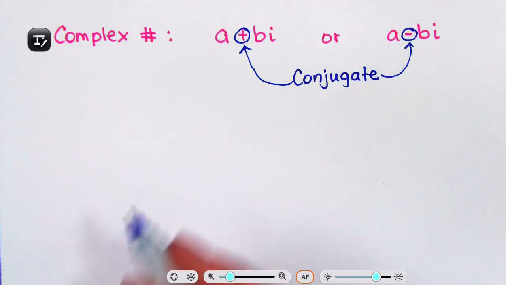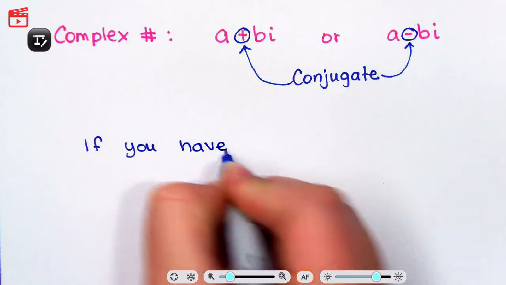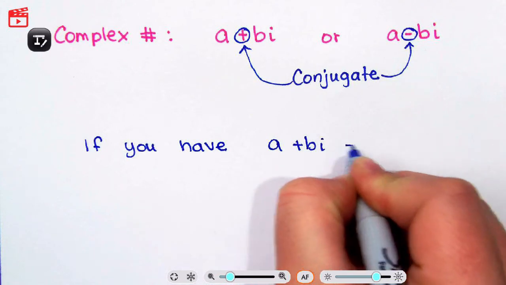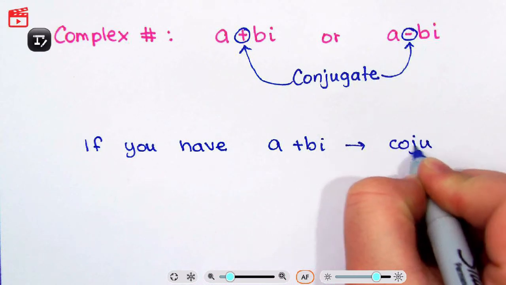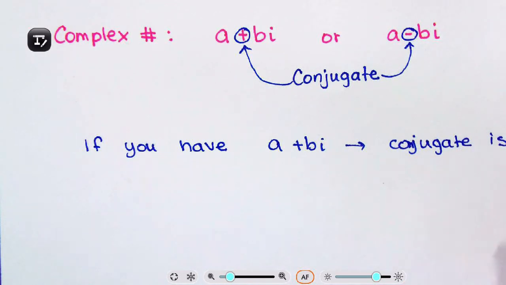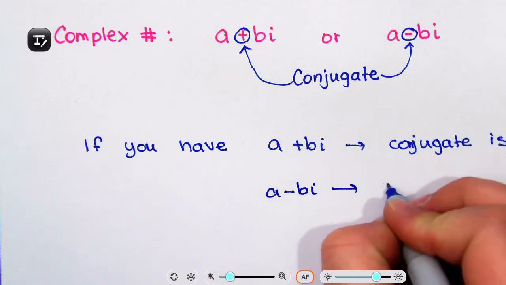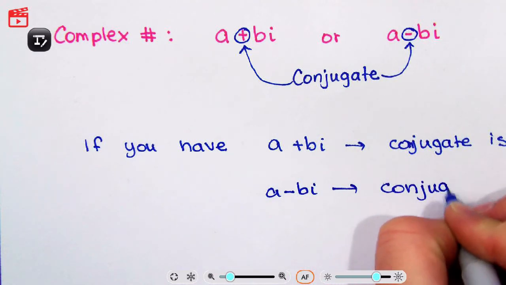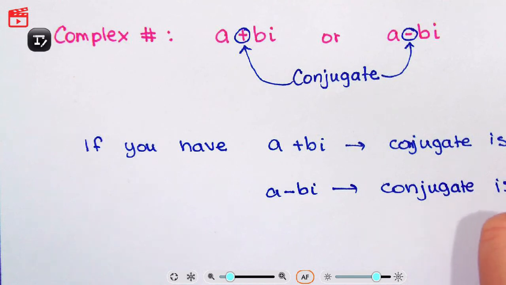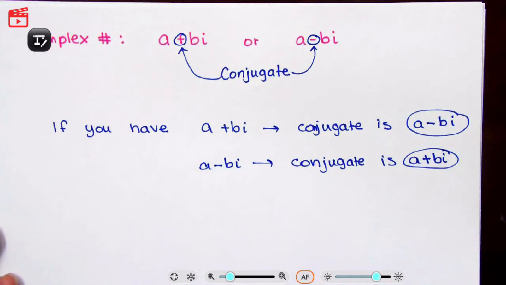So if you have an a plus bi, the conjugate of that is a minus bi. And if you have a minus bi, the conjugate is a plus bi. So note, all you're doing is changing the symbol in the middle, one from a plus, one from a minus.